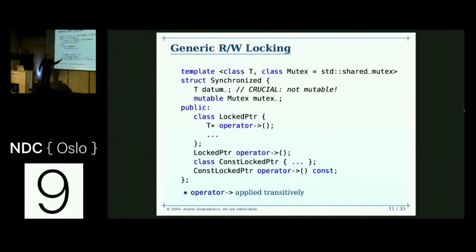This is invoking the reader's lock, and this is invoking the writer lock. And all of a sudden, with essentially just this code, I got one-to-one mapping between everything non-const and the writer lock, and everything const and the reader lock.